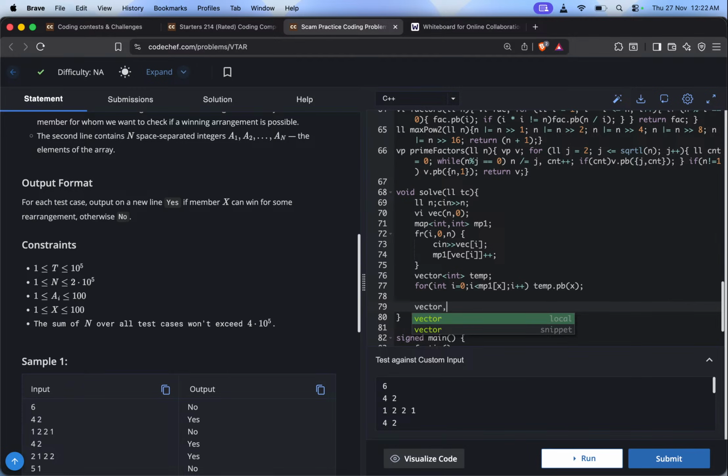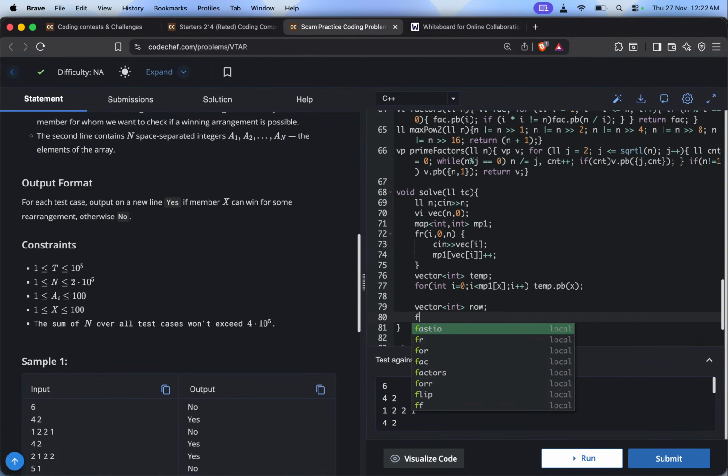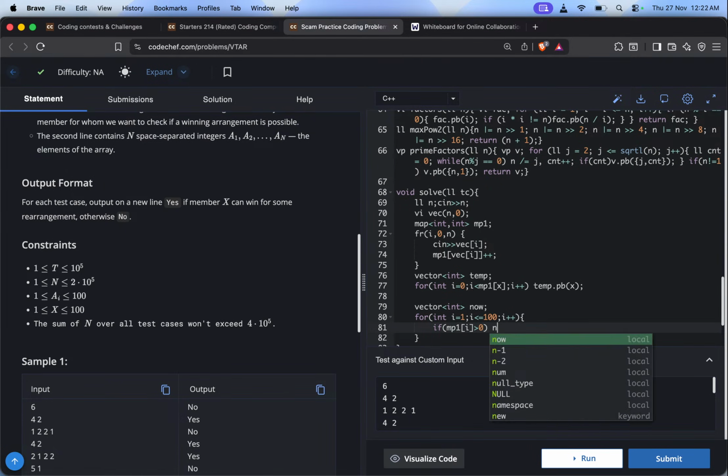Now create a vector, call it now. What does this now mean? What are the elements having frequency 1? How many persons can be voted? It can be from 1 to 100. If this person has at least one vote, at least one frequency, push that inside now.